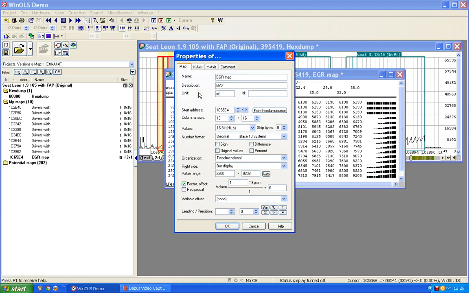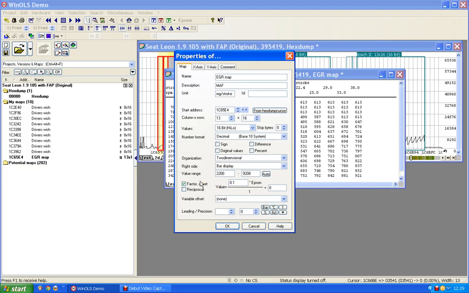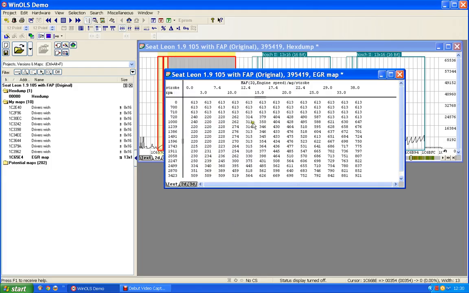It's probably milligrams per stroke. This probably needs to be 0.1. I doubt we need any precision, so I'll ignore that for now. Let's have a look. That gives me some reasonable figures. So yeah, I'll go for that one for the moment. I think that one will be okay.